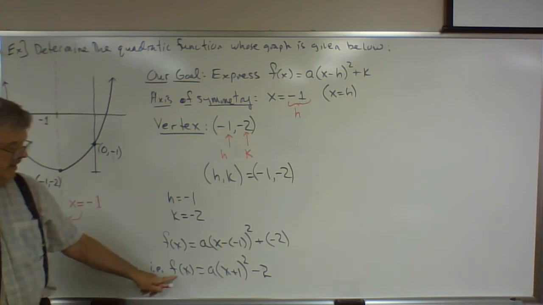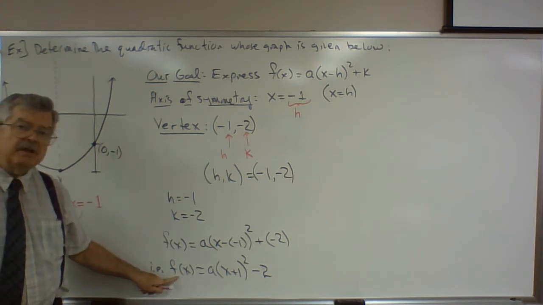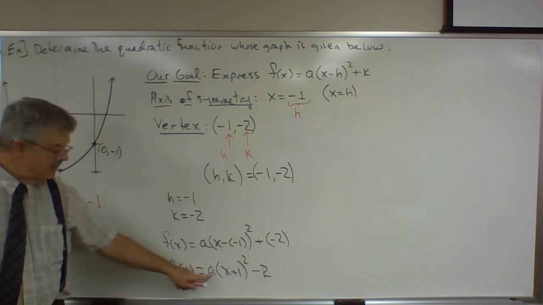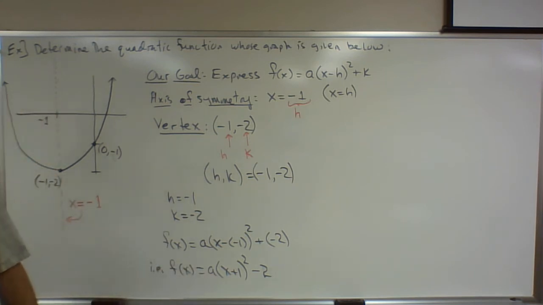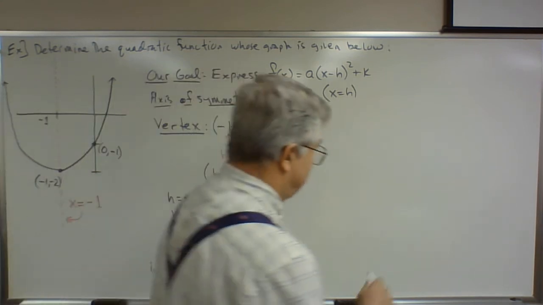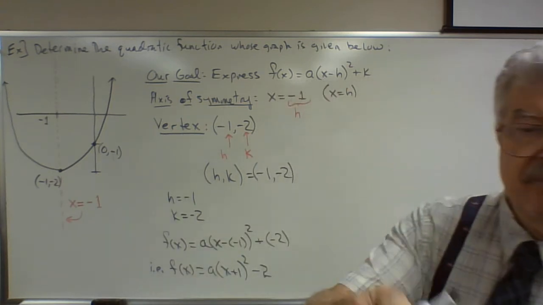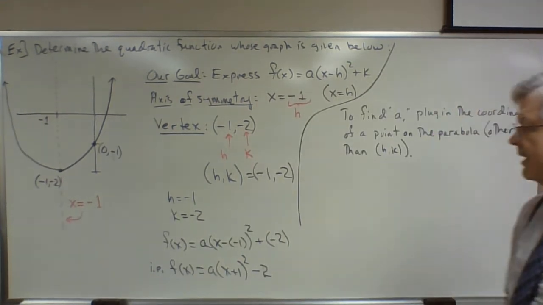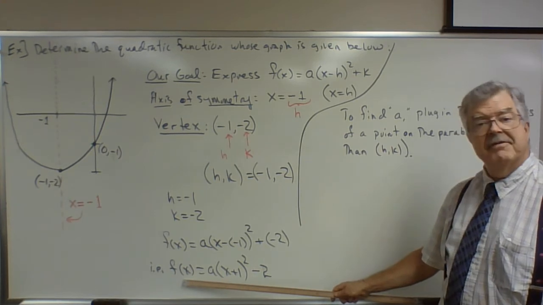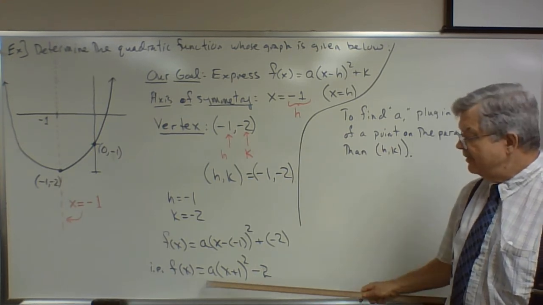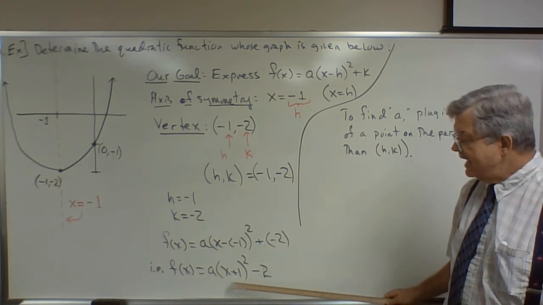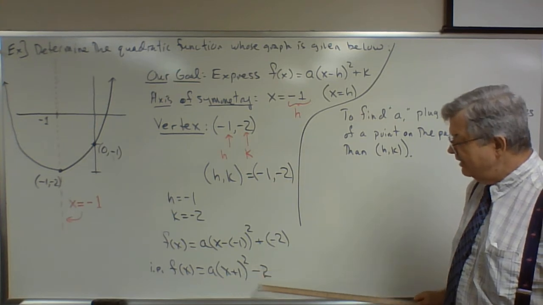Here's our quadratic function. The only thing that we don't have is the value of a. Here's f of x. f of x equals a times the quantity (x plus 1) squared, minus 2.